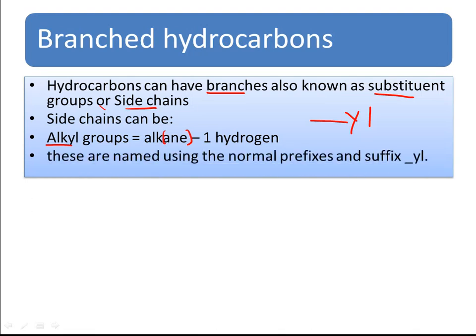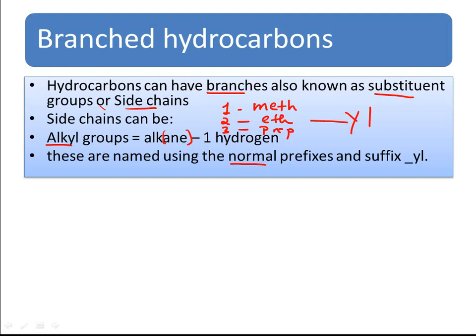Right, so you need to write this down as well. These are named using a normal prefix plus suffix. By normal prefix, I mean using the same rules we've been using before of saying 1 carbon is meth, 2 carbon atoms is eth, 3 carbon atoms is prop, and so on.